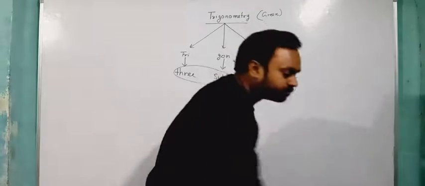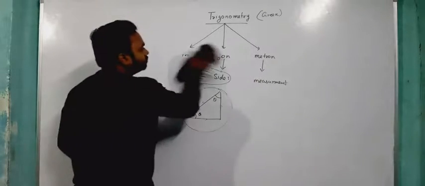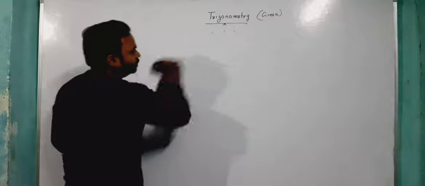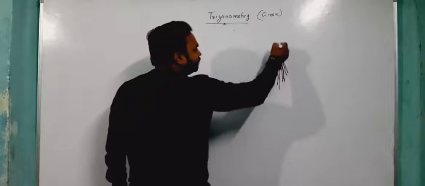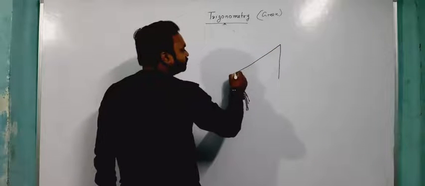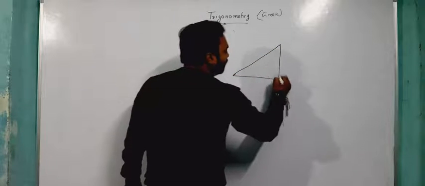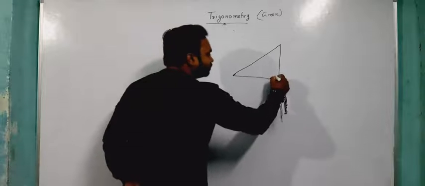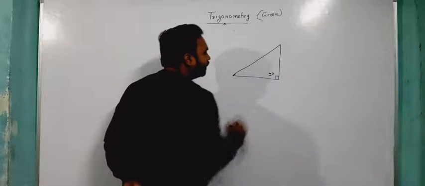This is a right angle triangle. This is the right angle, 90 degrees.